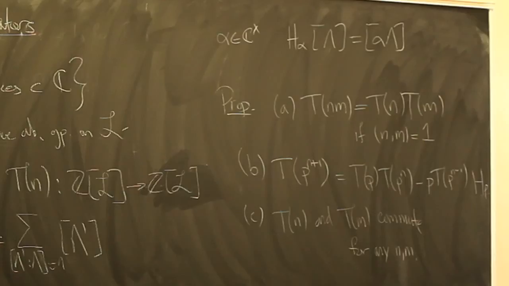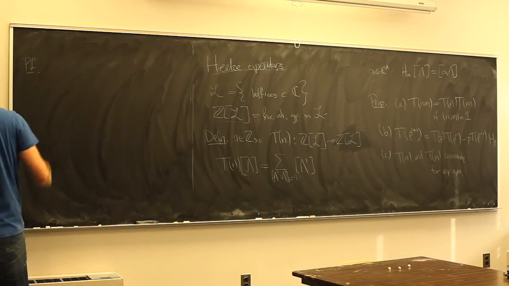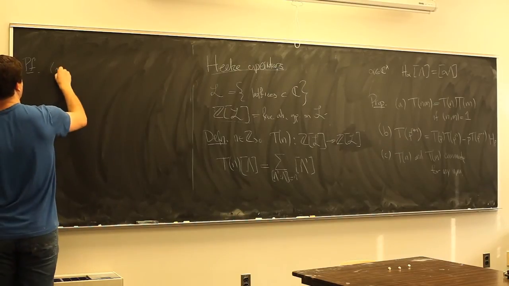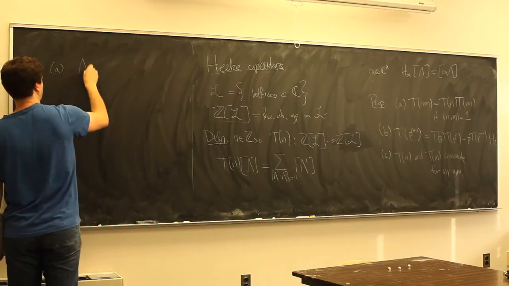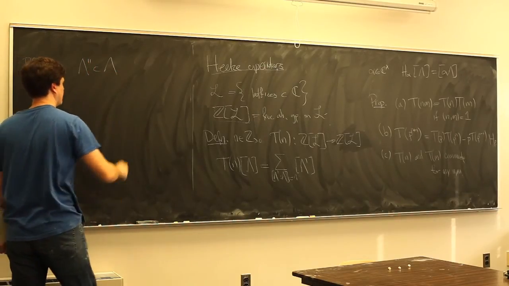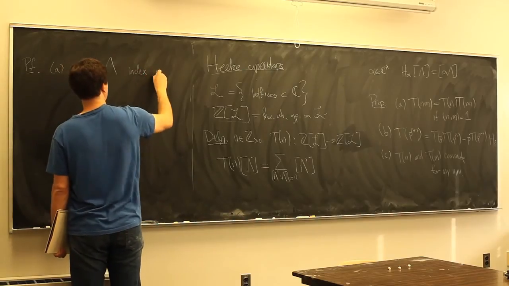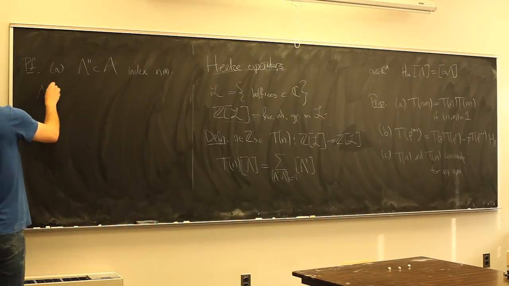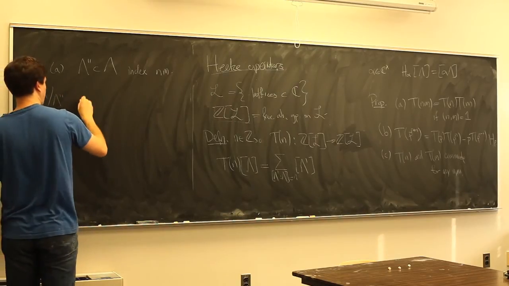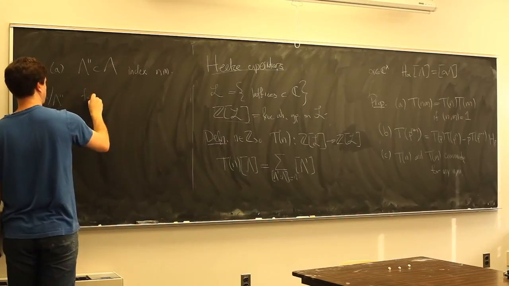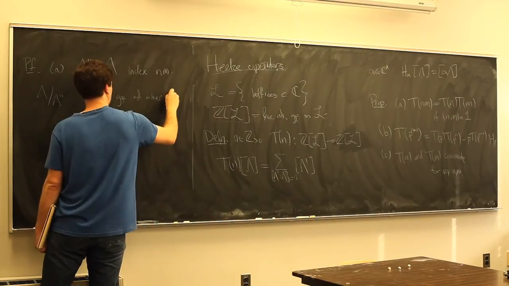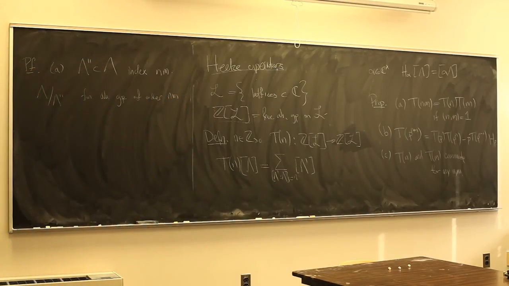These Hecke operators are going to be pretty important for us, so I actually want to prove some of these facts about them. Let me prove this proposition. First, suppose lambda double prime is a sublattice of lambda of index mn. Then the quotient lambda mod lambda double prime is a finite group of order mn.